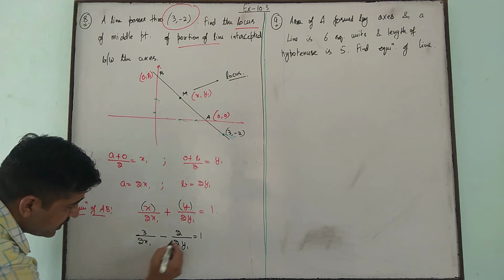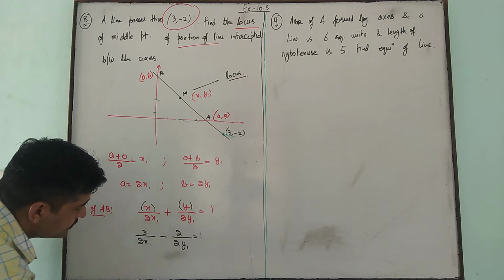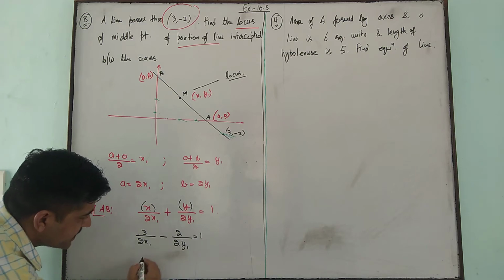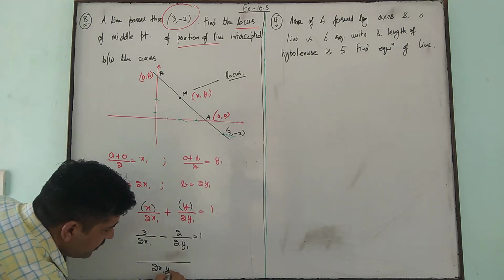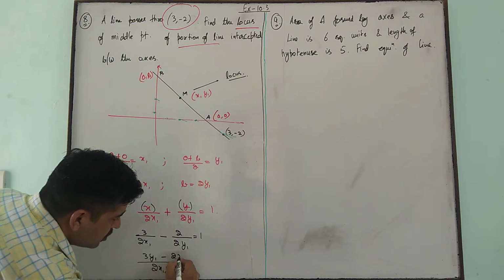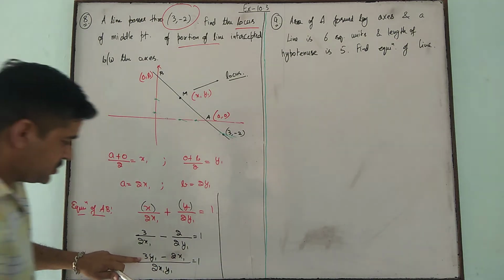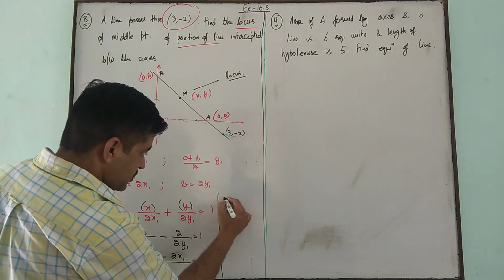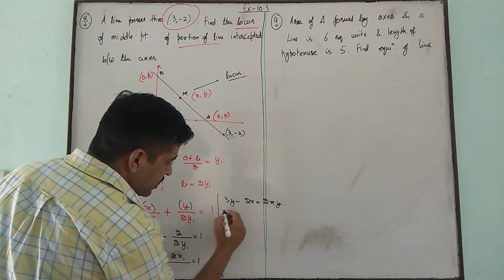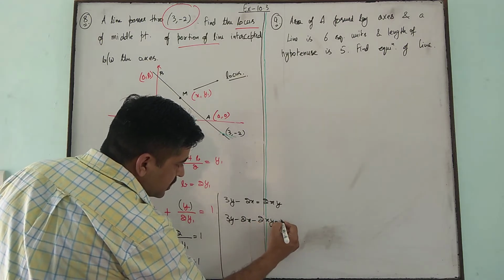On simplifying you will get it. Taking the LCM 2x1y1, it is 3y1 minus 2x1 is equal to 2x1y1. So 3y minus 2x is equal to 2xy, that is, 3y minus 2x minus 2xy is equal to 0.